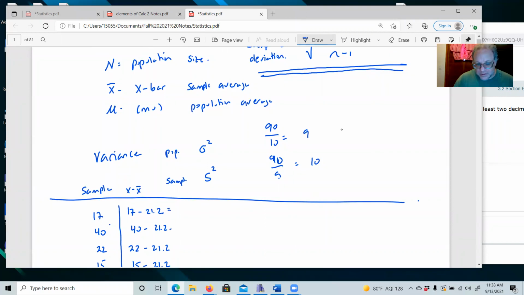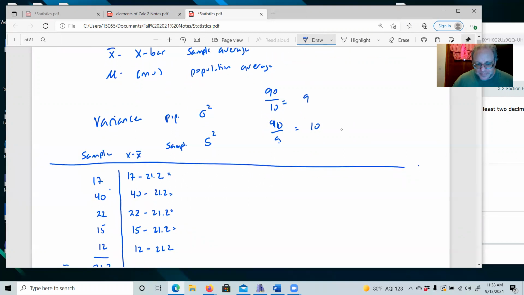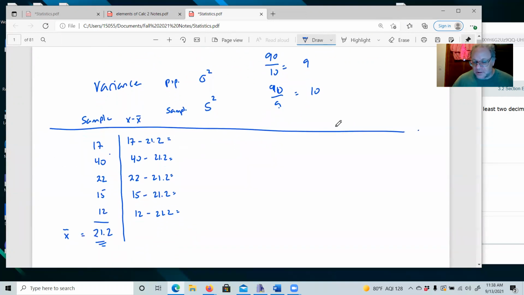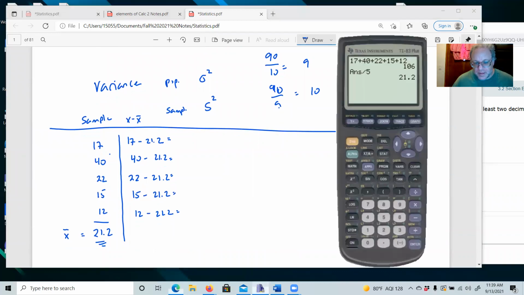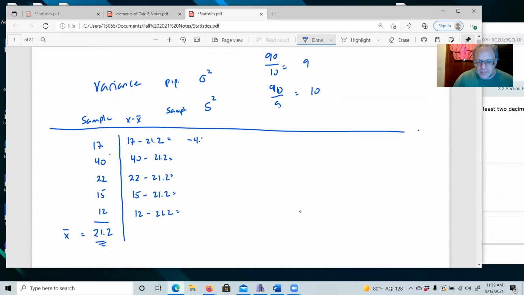And then we're just going to press equals. Some of these are going to be negative numbers, some of them aren't. That's okay. We have 17 minus 21.2, negative 4.2.